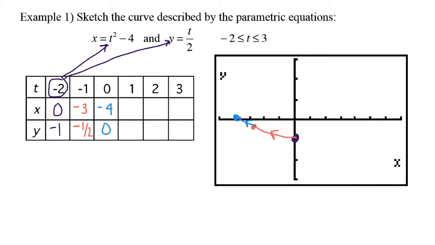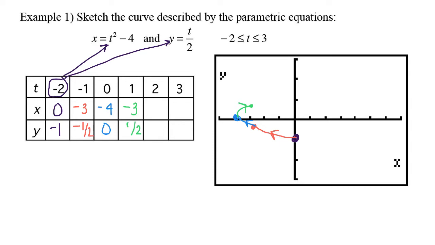And hopefully y'all's drawing looks a lot better than mine. Plugging in a 1, we get -3, 1/2. And so I go back to -3, up 1/2. And so we're continuing on around. And hopefully you see the pattern. We're just going to keep plugging in here.